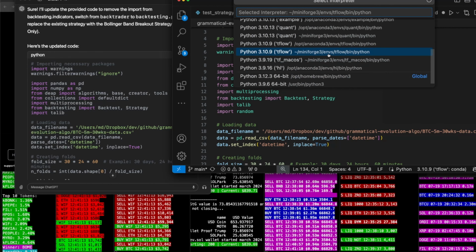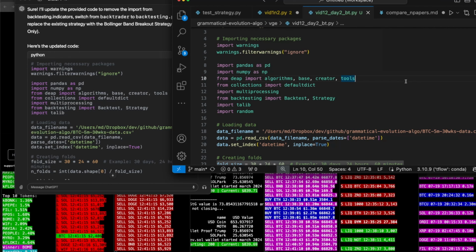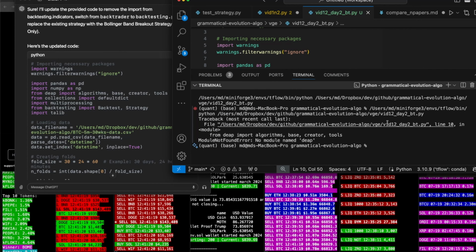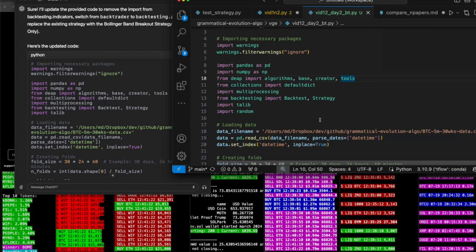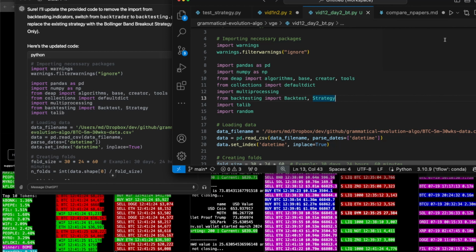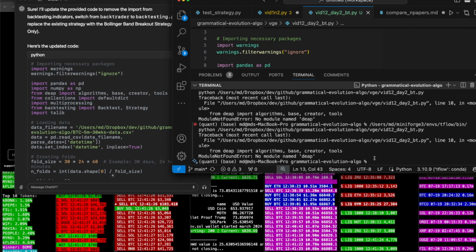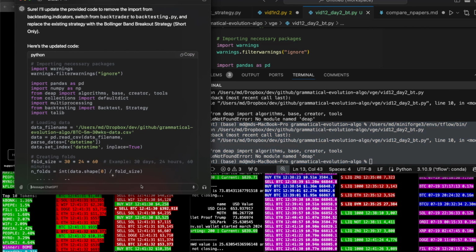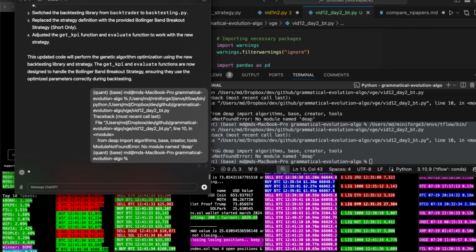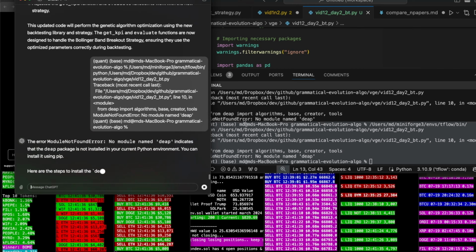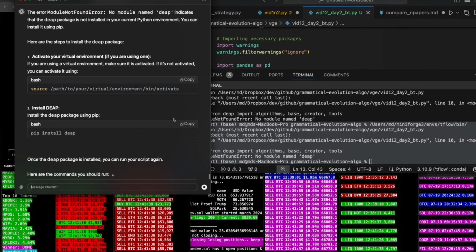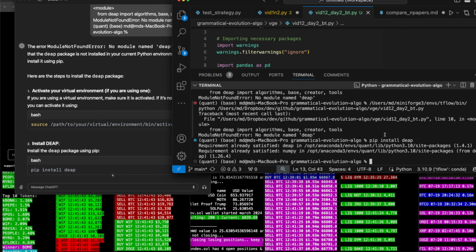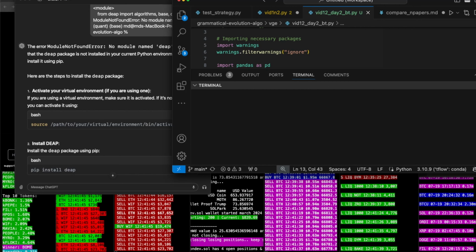I thought it was named differently, but let's just throw it in there. Get the pip install, because I don't want to go to Google. Who uses Google anymore? I don't. Pip install deep. See, it's already installed.